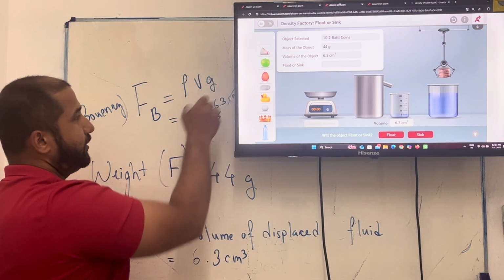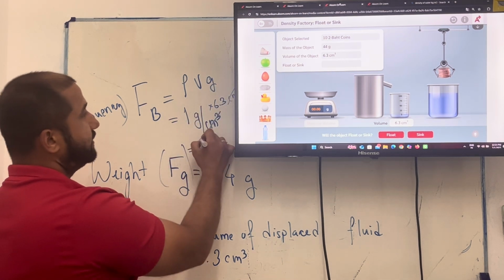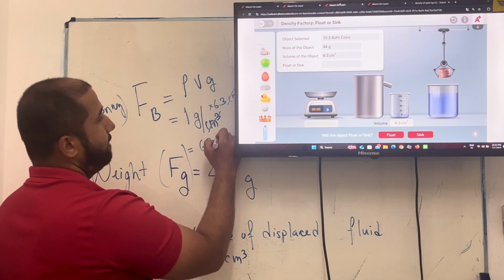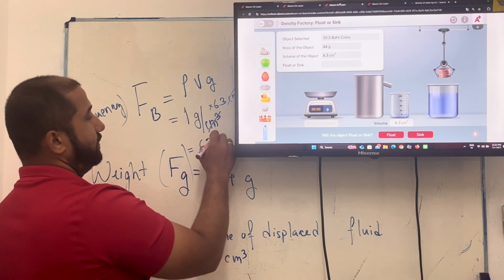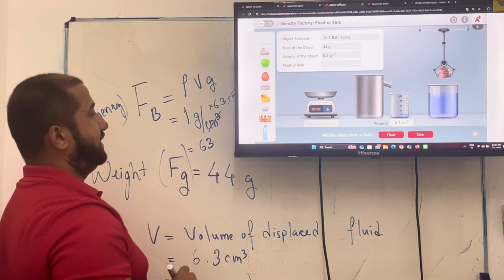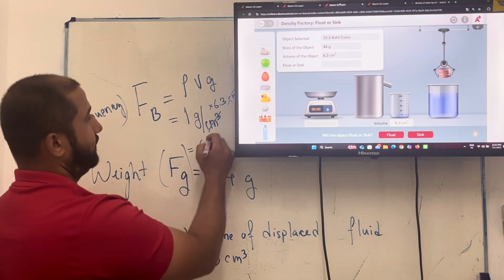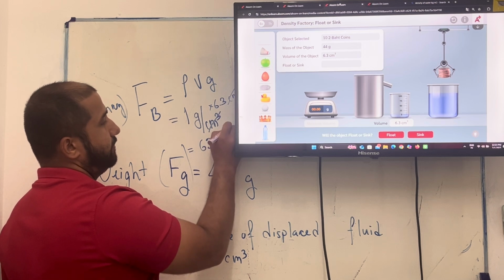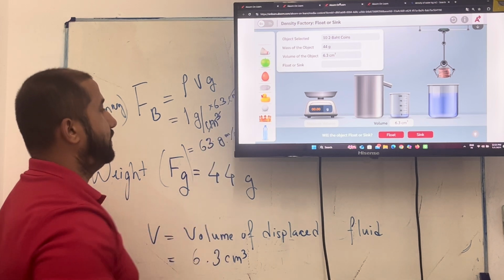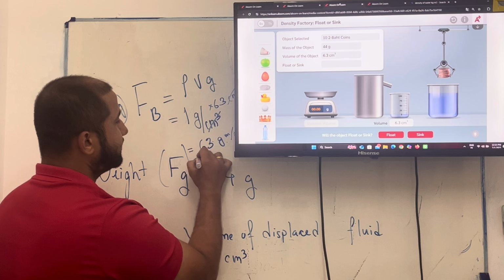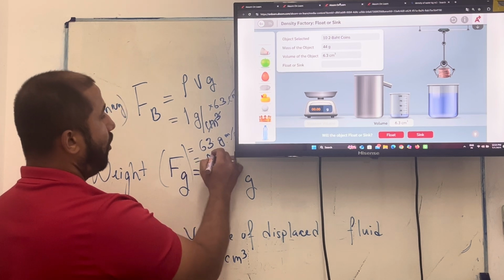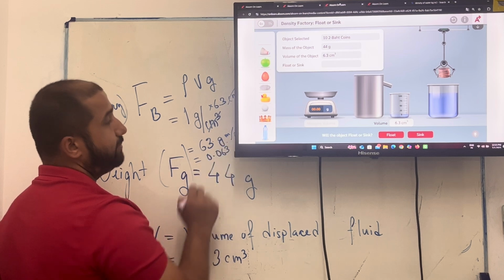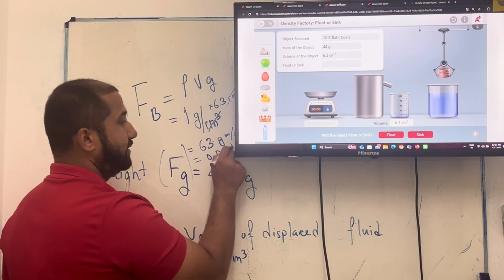Centimeter cube gone. It will be 63 gram meter per second square. Now 63 gram means 0.063 kg meter per second square.